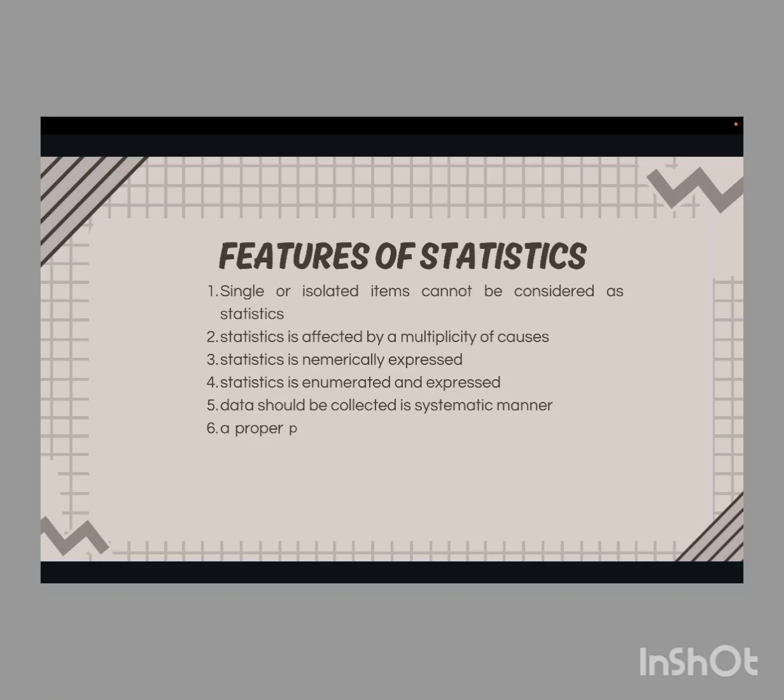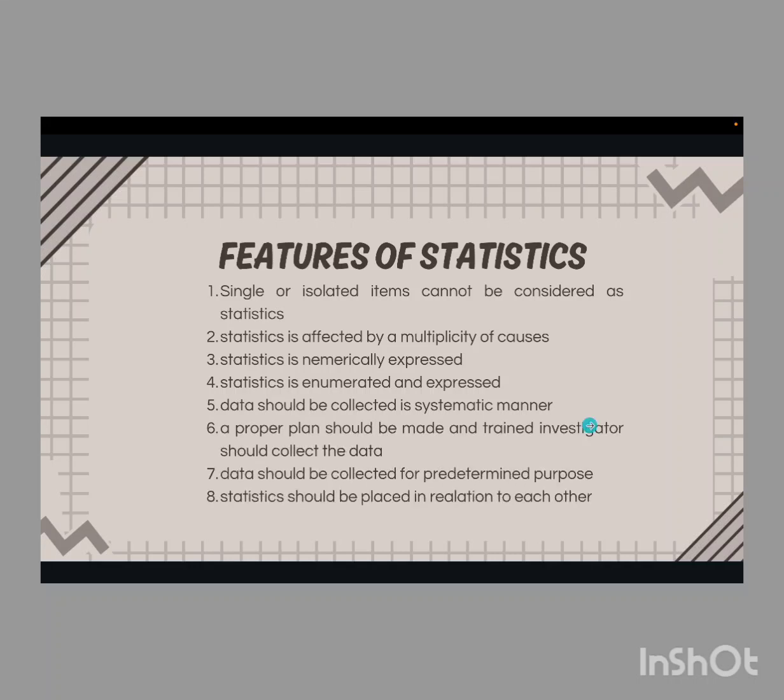Then coming to the features of statistics. Statistics has numerous features. One of them is that single or isolated items cannot be considered statistics. If the data we are looking into is singular or isolated, it cannot be considered as statistics. For example, the age of Mohan cannot be considered as statistics until we're comparing the lifespan of people.